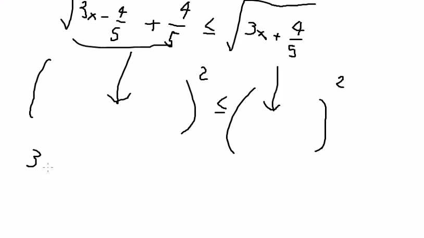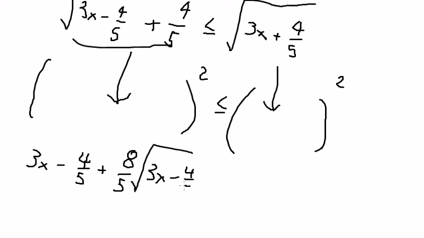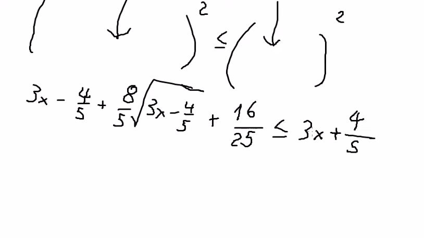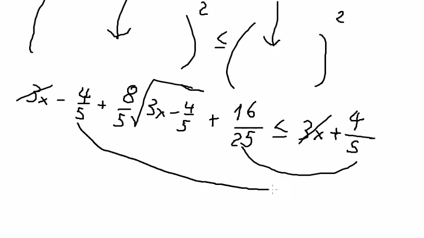You get (3x - 4)/5 plus 8/5 multiplied by the square root of (3x - 4)/5, plus 16/25, is smaller than or equal to (3x + 4)/5. So the 3x cancels, and these numbers go to the right.